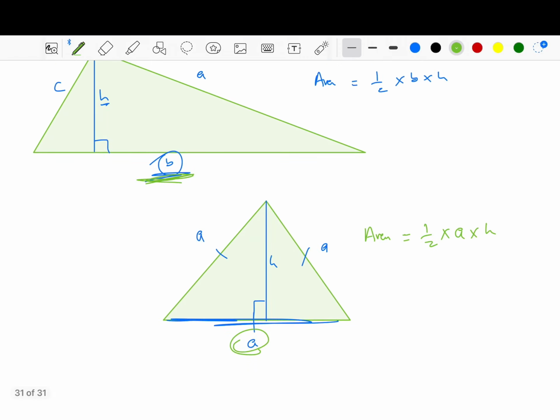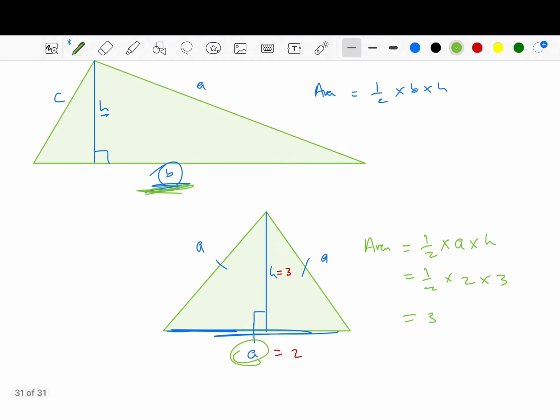If you are still a little confused, think of H as a unit. So let's say this is 3 units and this is 2 units. Your answer will be half times 2 times 3, which is 3 square units. So your area is 3 square units.